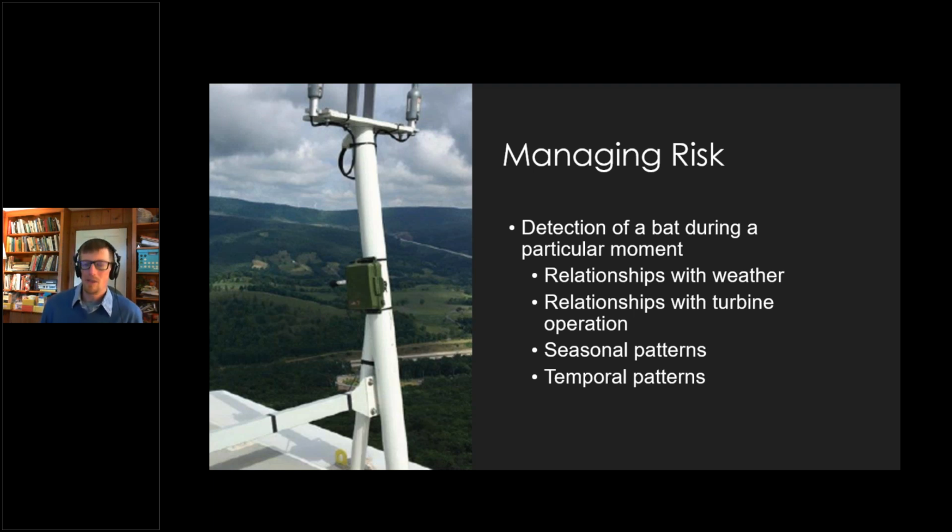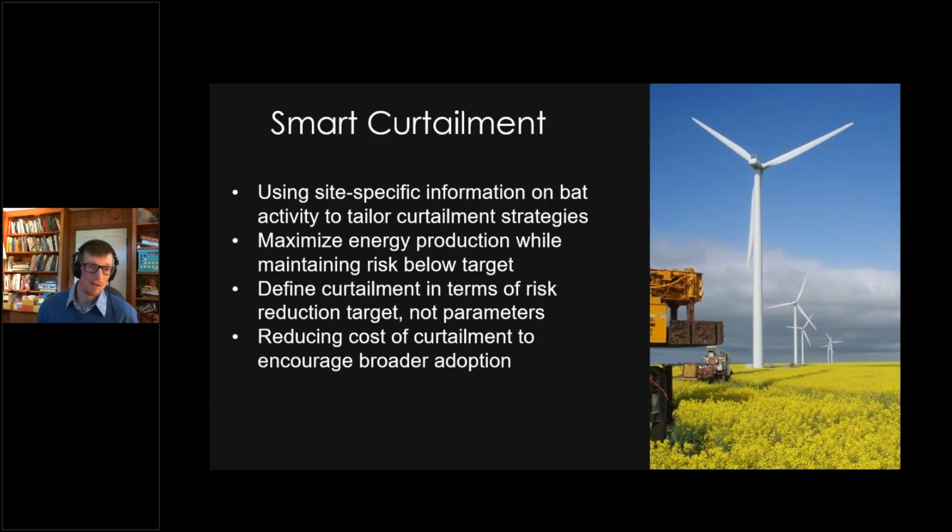And that opens the door to a much more strategic approach to curtailment, where you can look at the changing conditions and weather patterns at a site, as well as seasonal patterns in bat activity, and predict how hard it would be, how expensive it would be, to reduce exposure by a targeted amount.